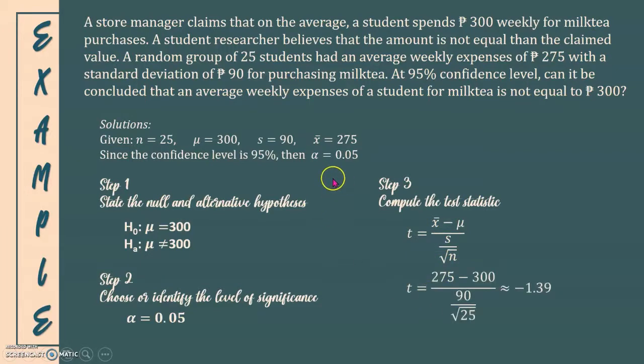Input our values to the variables that we have in the formula. So we have 275 minus 300 all over 90 divided by the square root of 25. And it will give us a t statistic that is approximately equal to negative 1.39. So the test statistic is negative 1.39.